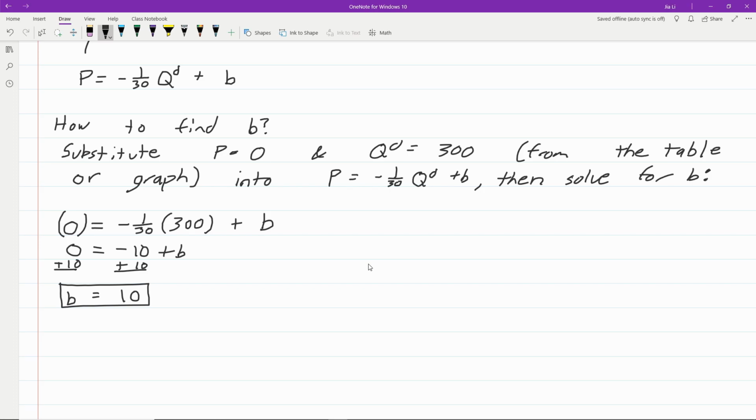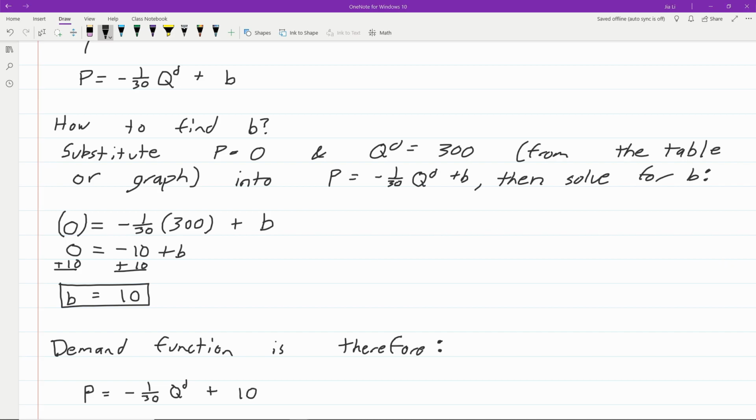So the final form of the demand function is price is equal to minus 1 over 30 QD plus 10.